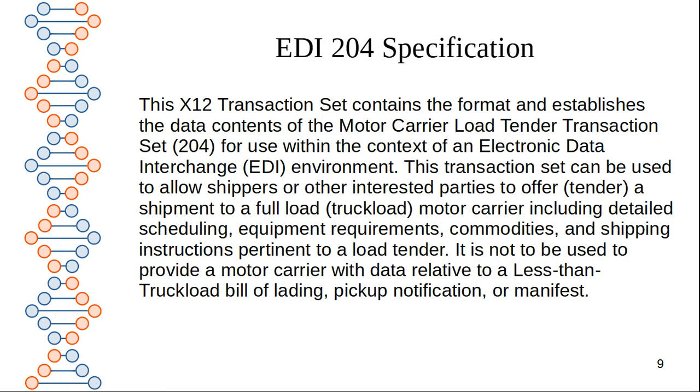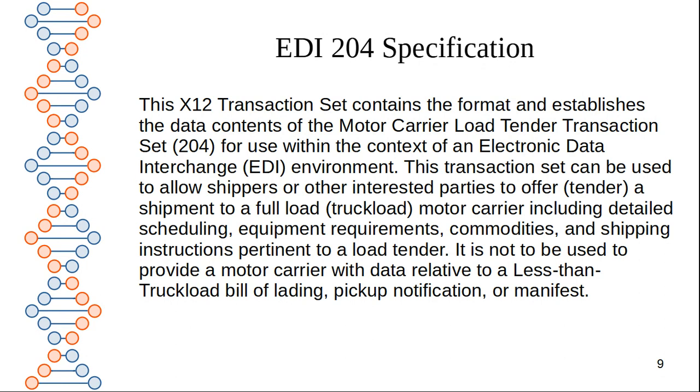EDI 204 specifications. The X12 transaction set contains the format and establishes the data content of the motor carrier load tender transaction set 204 for use within the context of the electronic data interchange environment.